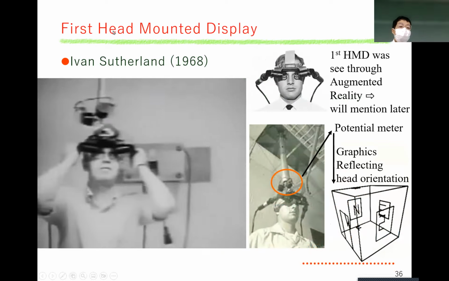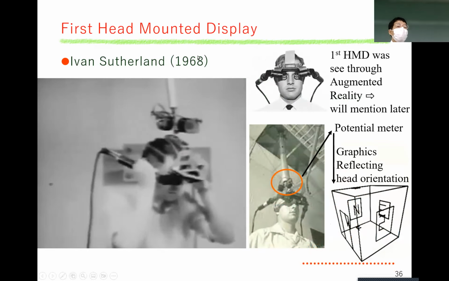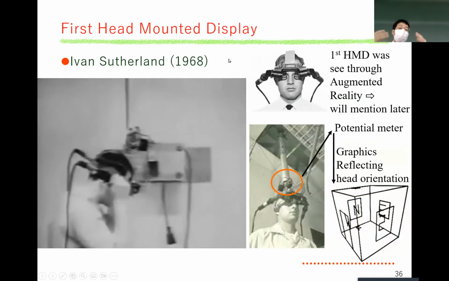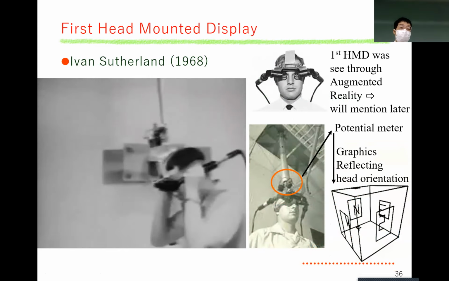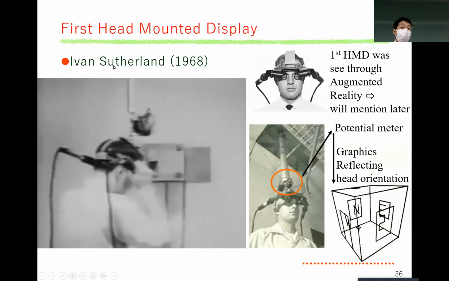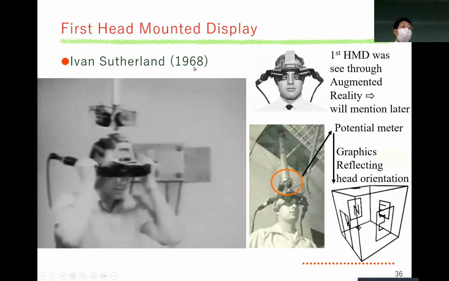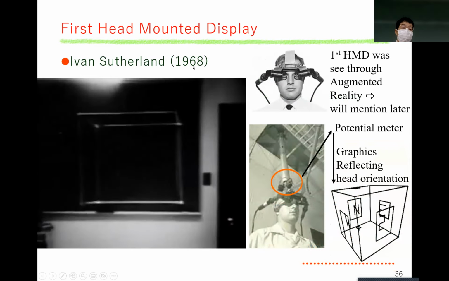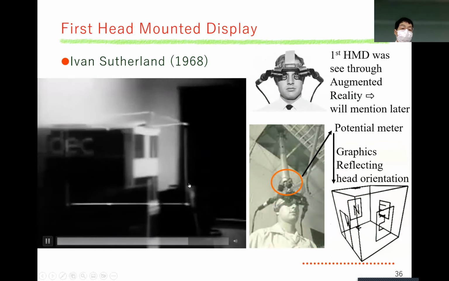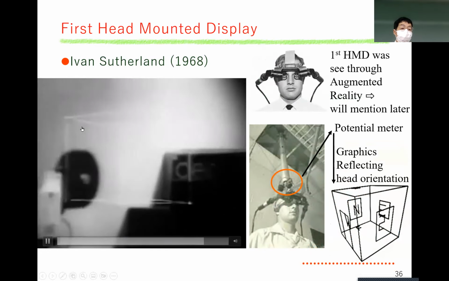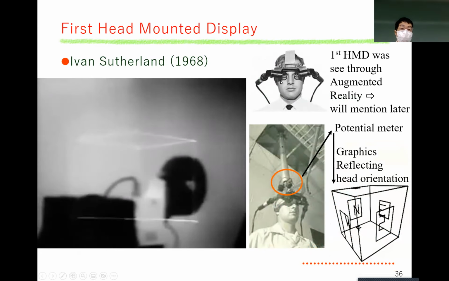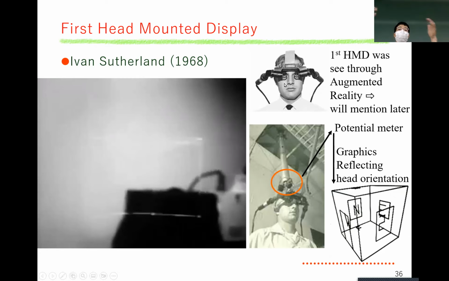And the first head-mounted display that shows computer-generated images was developed by Ivan Sutherland in 1968. So this is the image he created. This HMD was augmented reality. So the outside is shown, but the computer graphics image is superimposed.